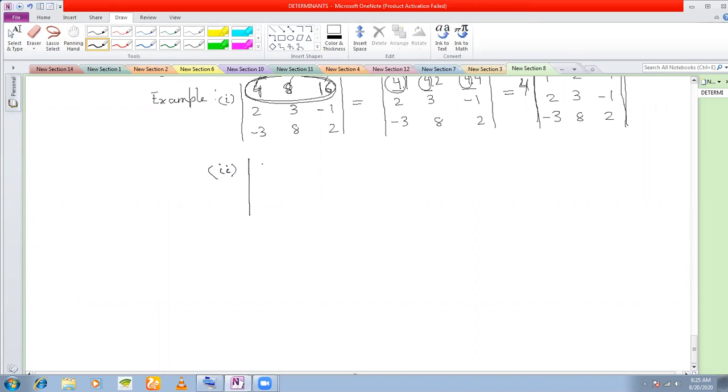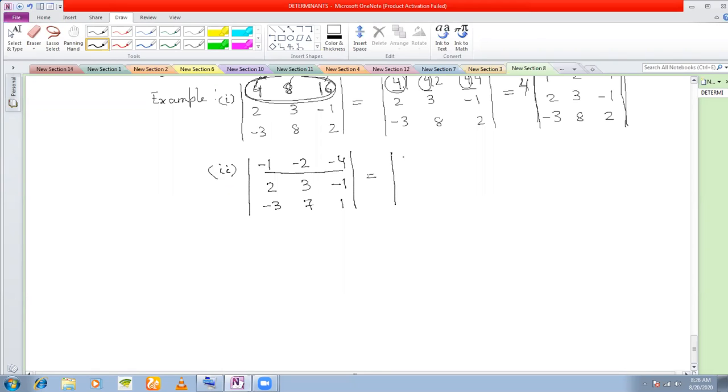Suppose I have this one. Understood? Now, if you see, from the first row I can take a -1 out, right?